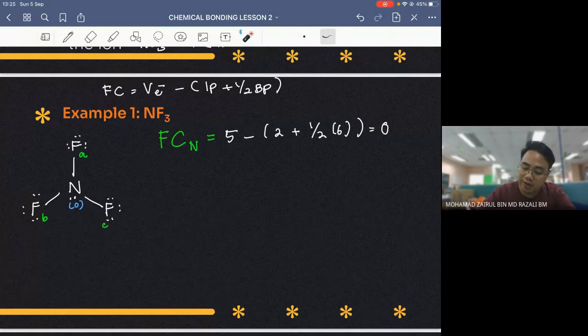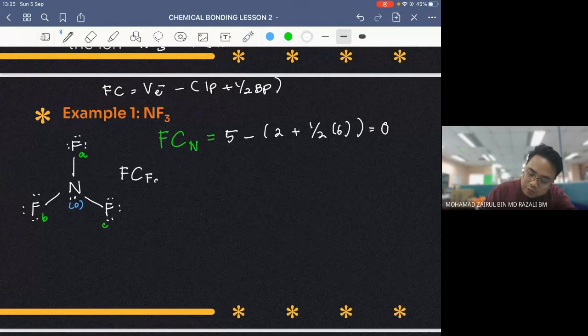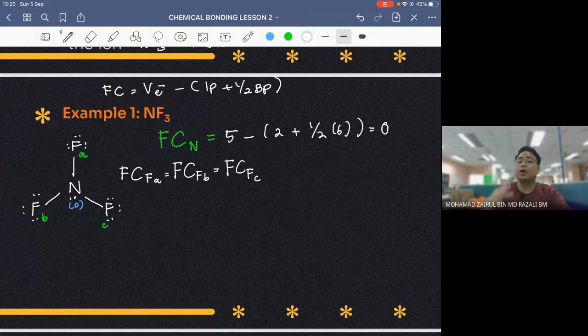So kita boleh simplifykan. So cara kita simplifykan, kita tulis macam ni. Formal charge of fluorine A is equal to formal charge of fluorine B equals to formal charge of fluorine C. Kalau awak nak calculate satu-satu pun tak apa juga, tapi kita buat cara ringkas.